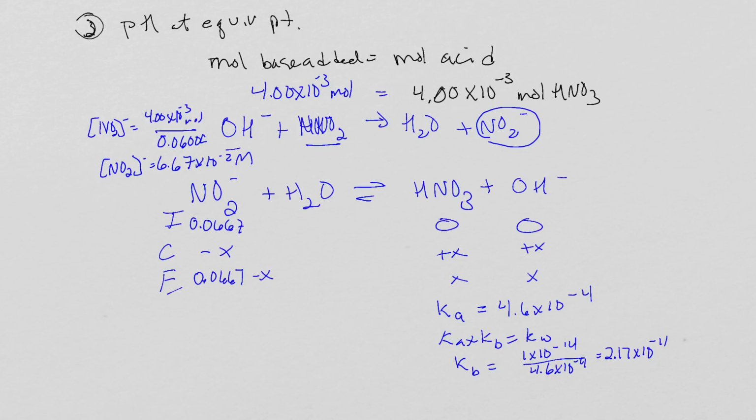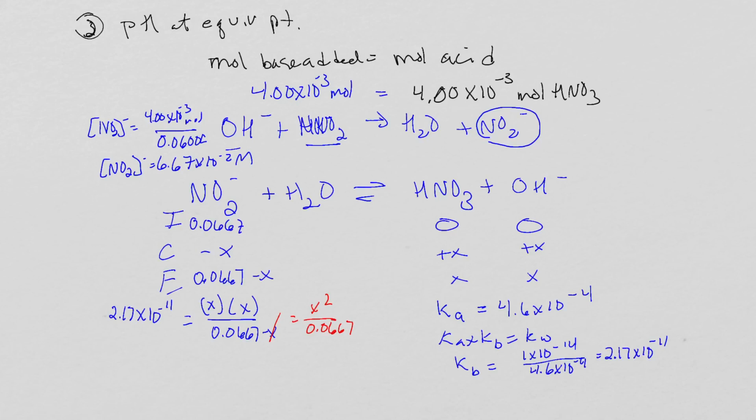So we can now set up our equilibrium expression. Our Kb is equal to our acid times hydroxide over our conjugate base. We're going to do the x is small approximation. So this becomes x squared divided by 0.0667.